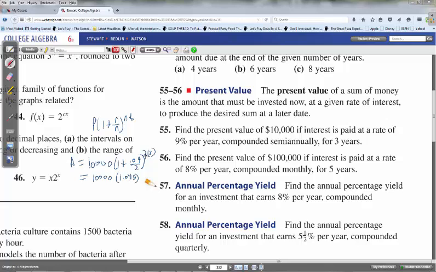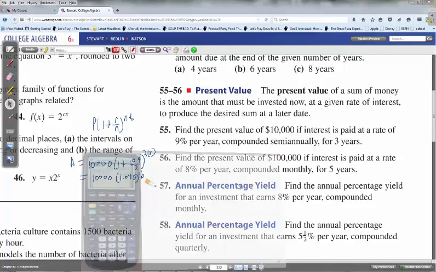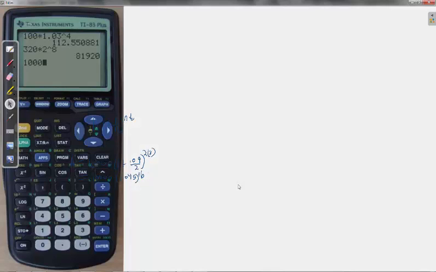So 1.045 to the 16th. Well, let's go with that. 10,000 times 1.045 to the 16th. I'm using my numpad here to get it to go without actually clicking.